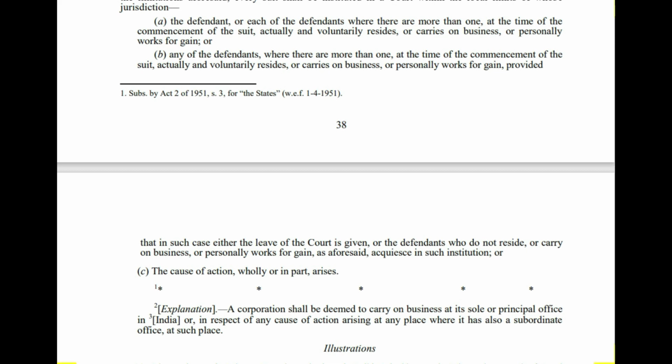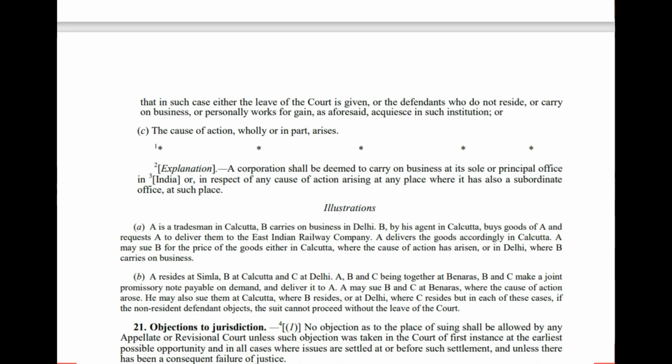Then subsection C. Now let us move to 20 subsection C, where the cause of action wholly or in part arises. The simple thing is, you see the cause of action. Even if a part of the cause of action is in a particular place, you can file a case in that place. Now let us move to the explanation which is given. If there is a corporation, generally a corporation will have a branch office and a head office.